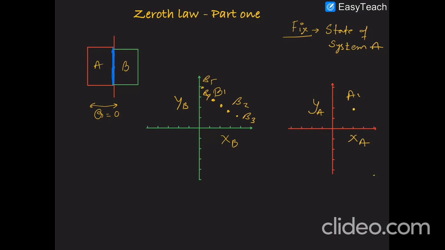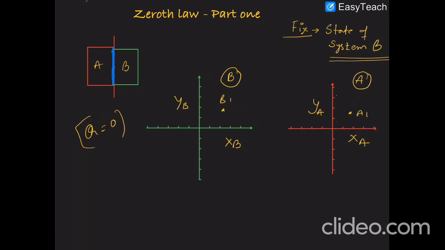Now if you join these, it will be the locus containing all the states of B which interact with system A with no heat transfer. So you can really say that A1, the state of system A, is in thermal equilibrium with all the points in this locus.